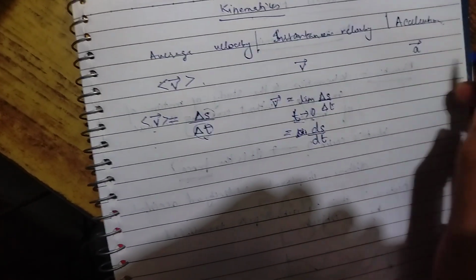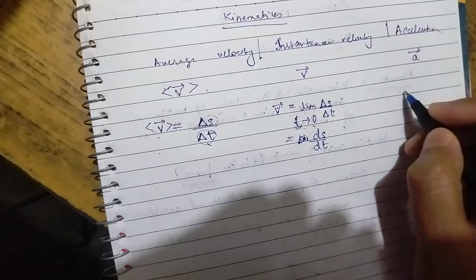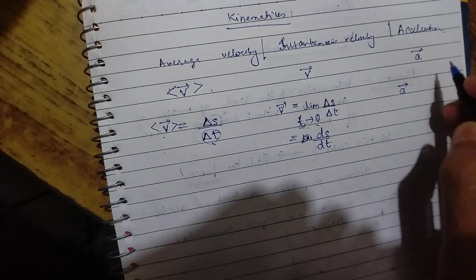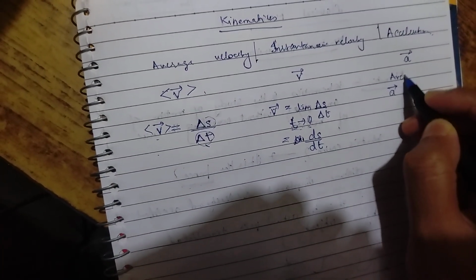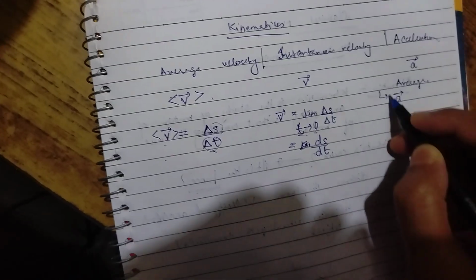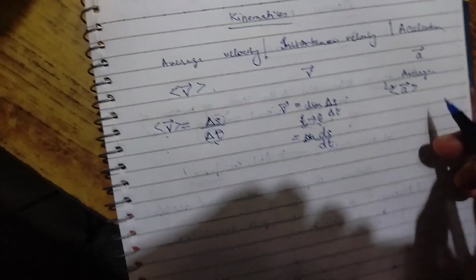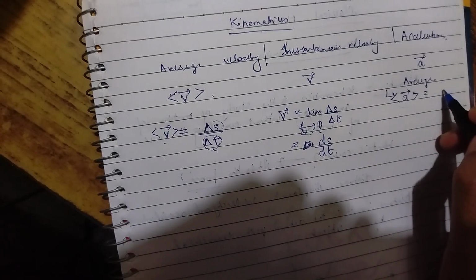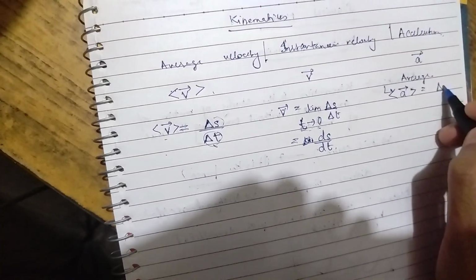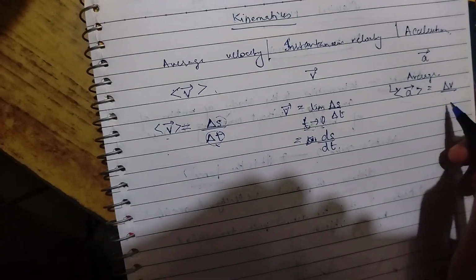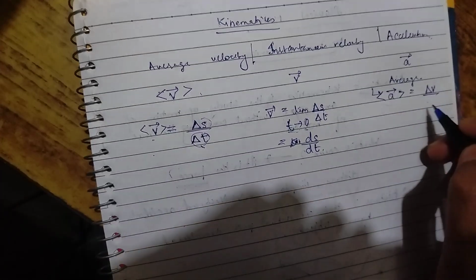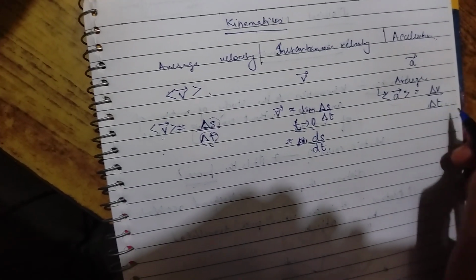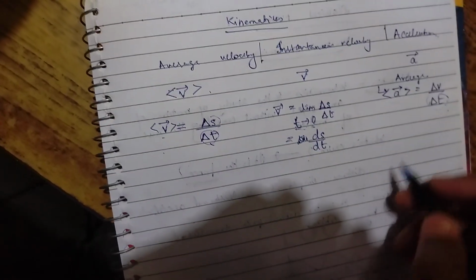So now we will see the formula for acceleration. First average acceleration, same, this is the symbol, and this is the change in velocity in this time interval.